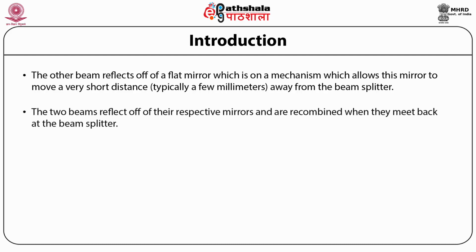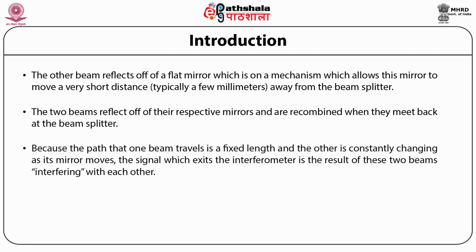The two beams reflect off of their respective mirrors and are recombined when they meet back at the beam splitter. Because the path that one beam travels is a fixed length and the other is constantly changing as its mirror moves, the signal which exits the interferometer is the result of these two beams interfering with each other.